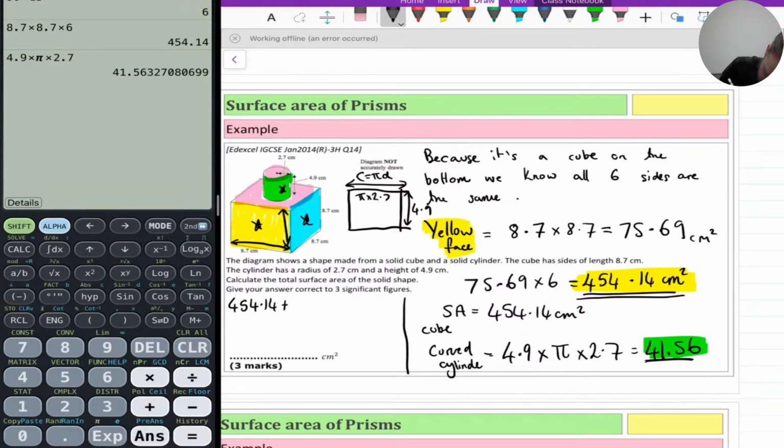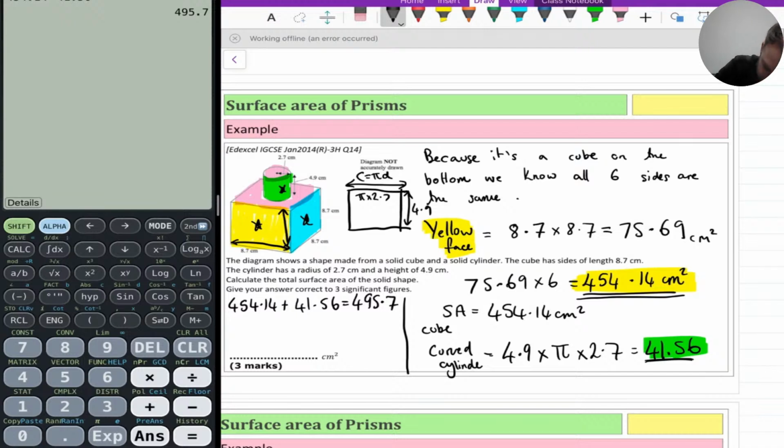454.14 plus 41.56. Now I do need that to three significant figures. I'll do that in a second. So 454.14 plus 41.56 is equal to 495.7.